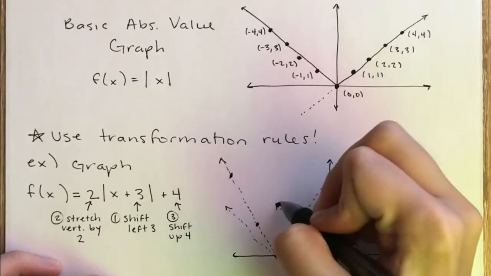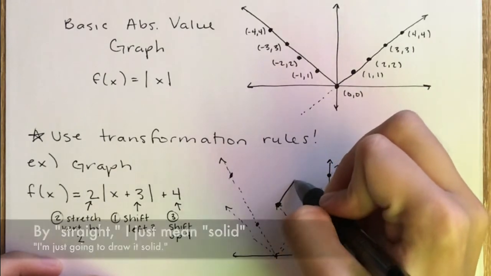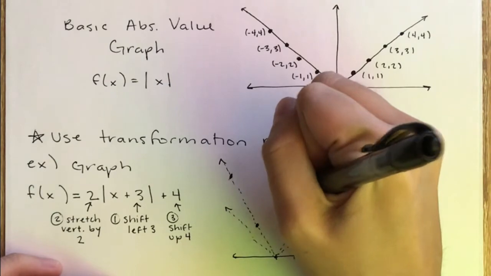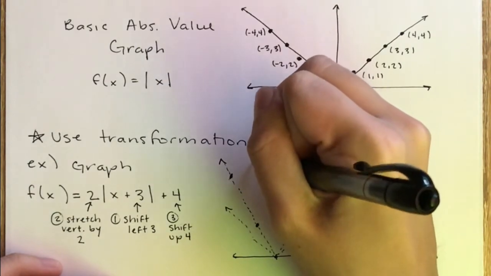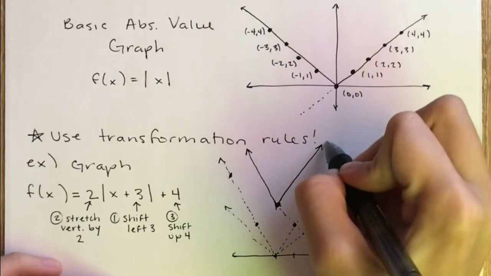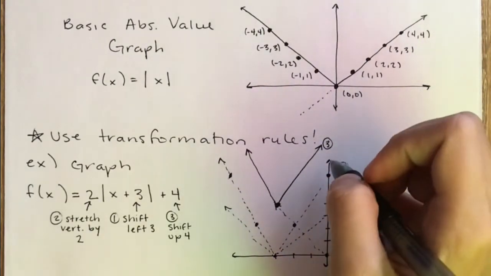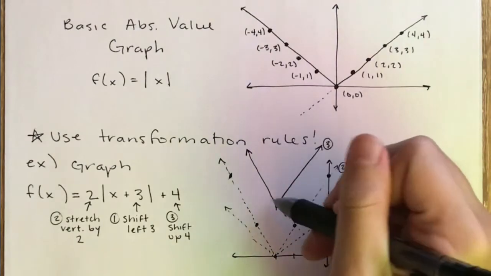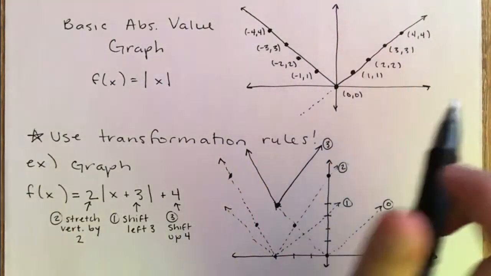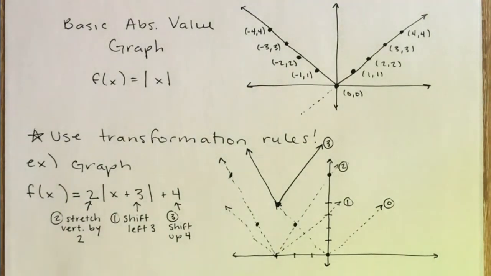And this is our final one, so I'm just going to draw it straight like so. That was 2, and this is our third and final guy. So this is f of x. So we just have to follow our regular transformation rules for absolute value. It's just the same. We've gotten tons of practice with transformations.